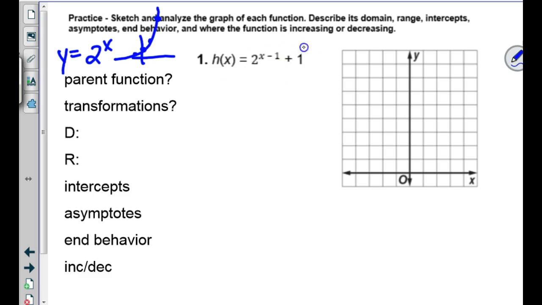It looks like this. But what has happened with the transformations over here? Jump right in. What does the -1 on the x do? So it would look like this. What has happened to our function?